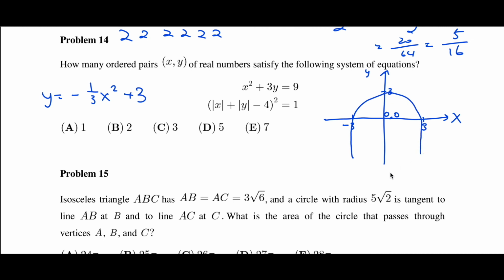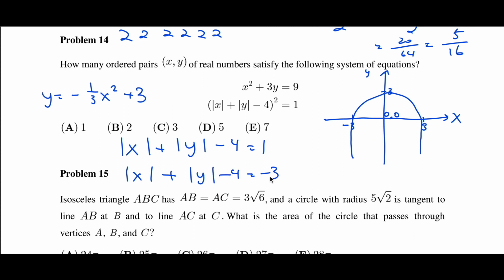Okay, let's move on to the next equation. We can change it into two equations to remove the square: absolute value of x plus absolute value of y minus 4 is 1, and the other one is absolute value of x plus absolute value of y minus 4 is negative 1.